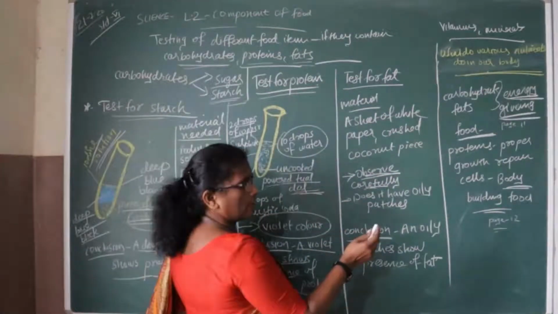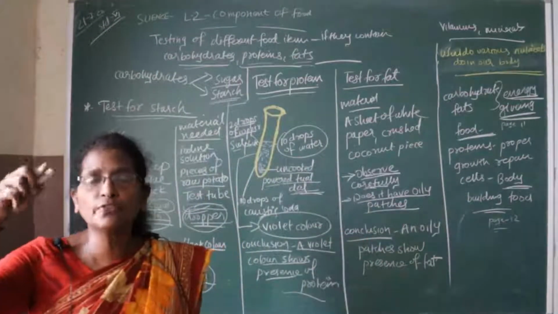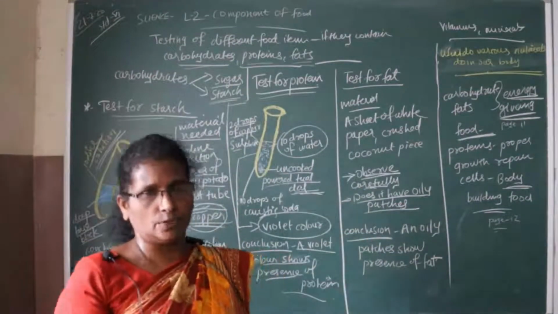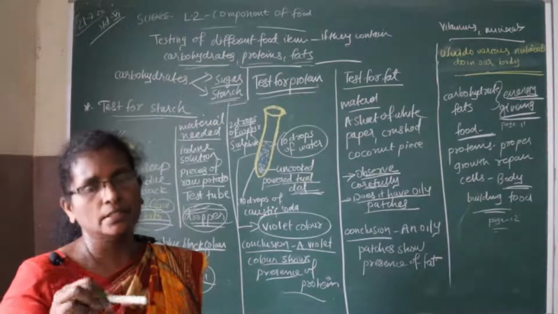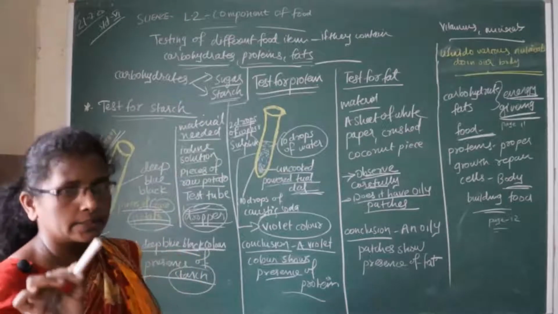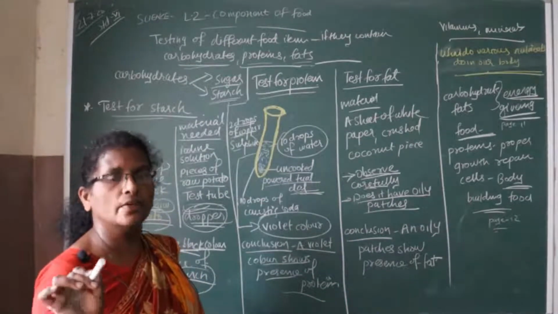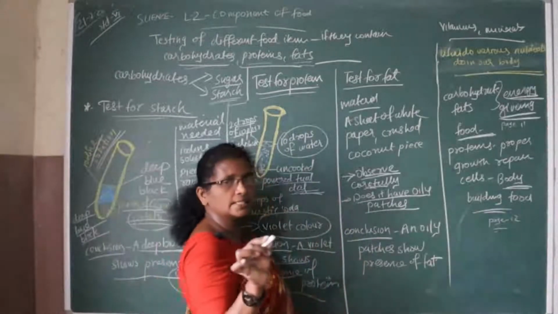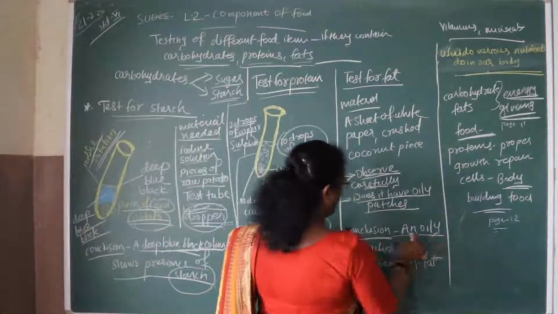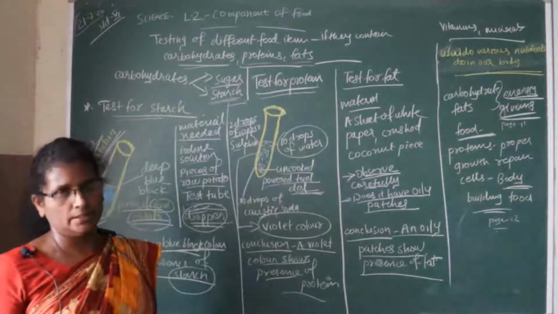Does it have oily patches? Observe the white paper in light. If you see oily patches, we can say that it contains fat. So from this activity we conclude that oily patches show the presence of fat.